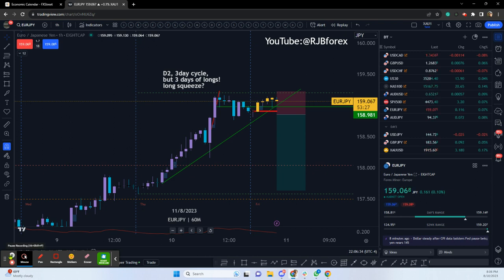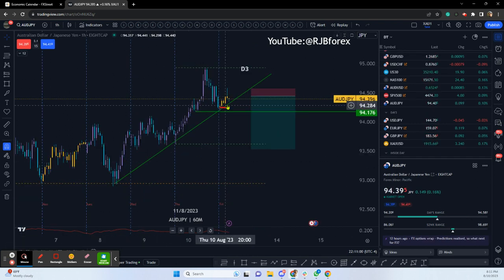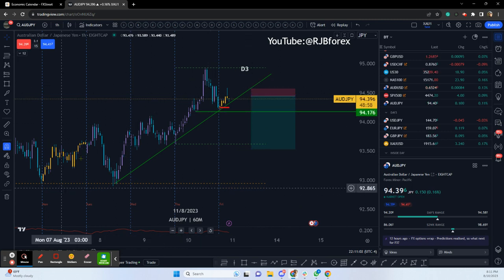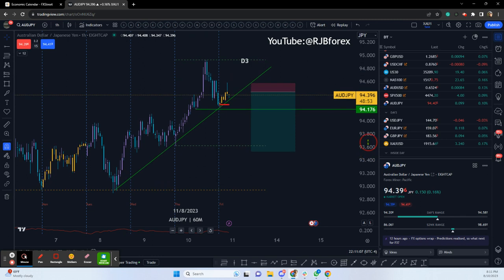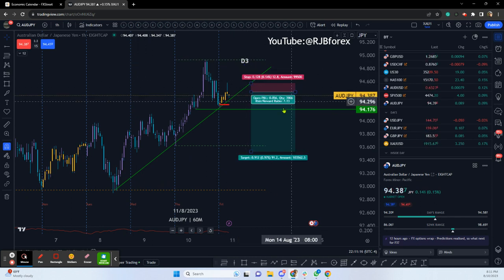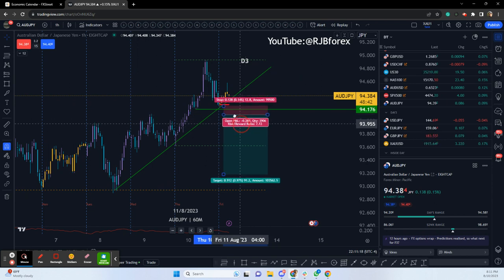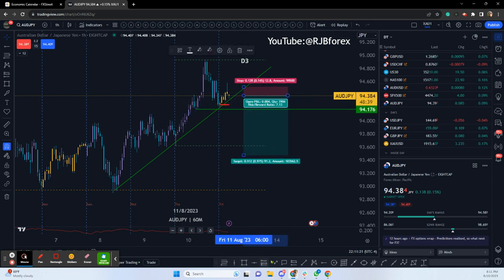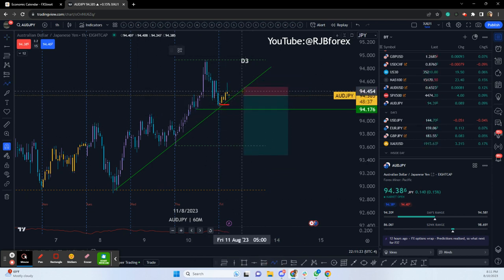So all yen pairs are day 3. So Aussie yen, for instance, day 3 as well. Still front side of the trend line. We've got this support structure, 94.17 that needs to break. Currently, unless we see a fresh high up here and structure being formed at new higher low, it breaks down. But at the moment, we need to see this break over here. What we could see is a move up, as we're seeing, potentially up, maybe a lower high.